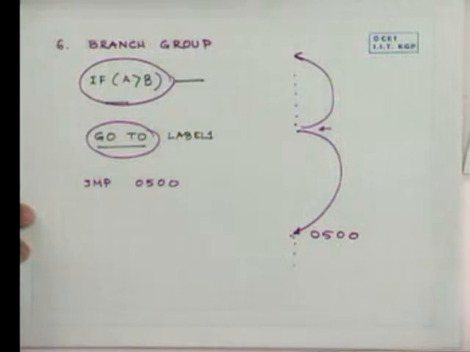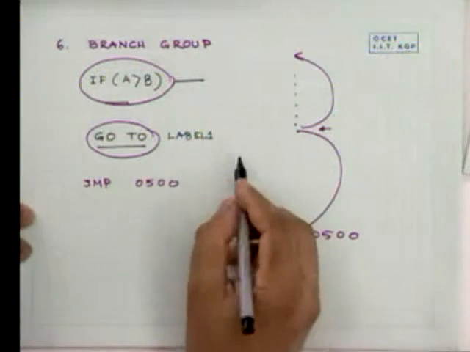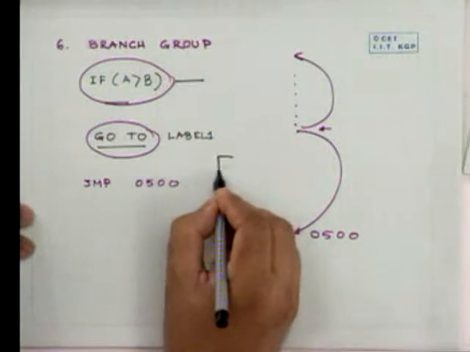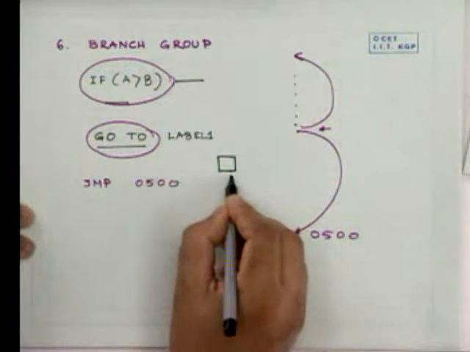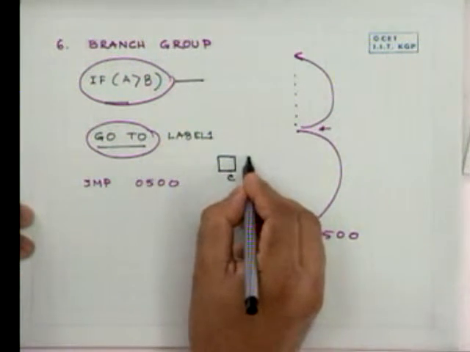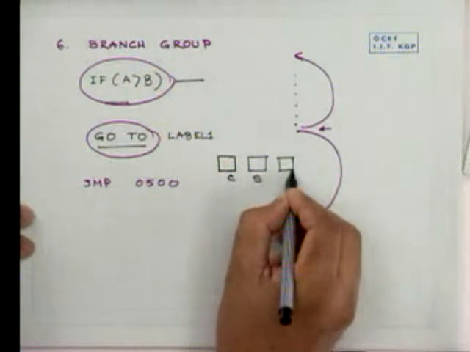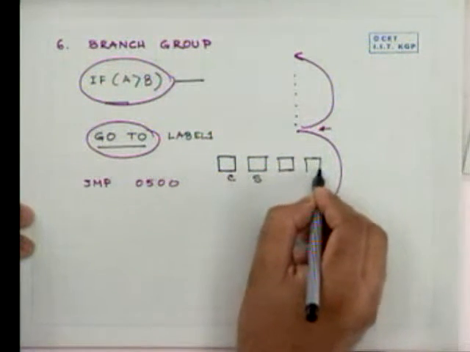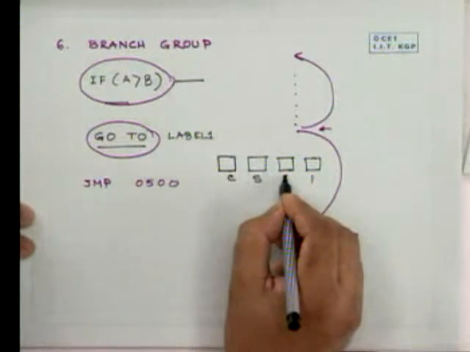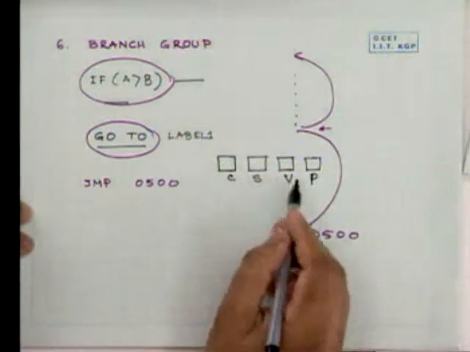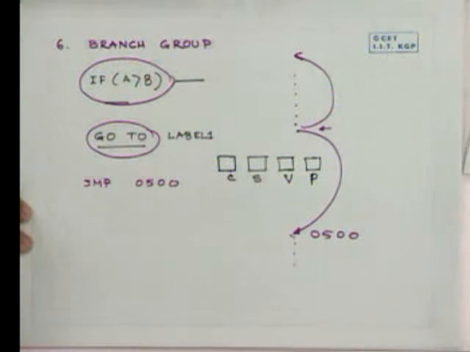I hope you remember that we have a few flags, like the carry flag, sign flag, overflow flag, and the parity flag, that we discussed when we were discussing the arithmetic that the computer can perform.